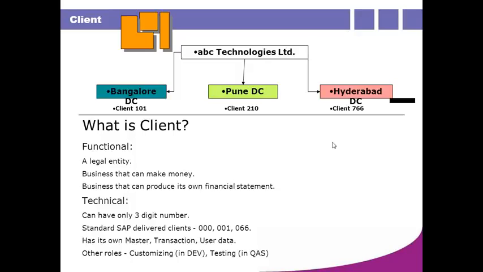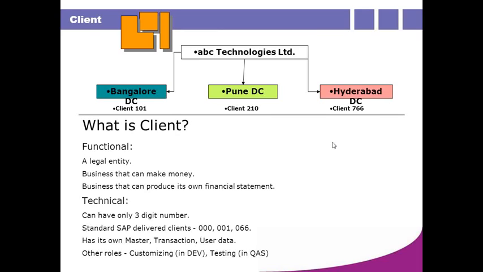But how can I control them from modifying that particular user from Bangalore? If someone logs into the Bangalore system, he can see the same table, right? He can see the Pune data, the Pune user and the Hyderabad user.